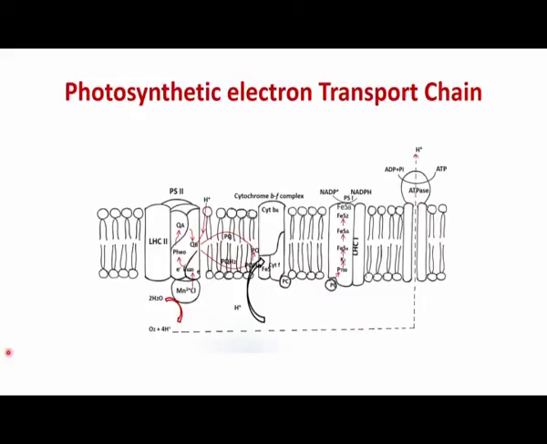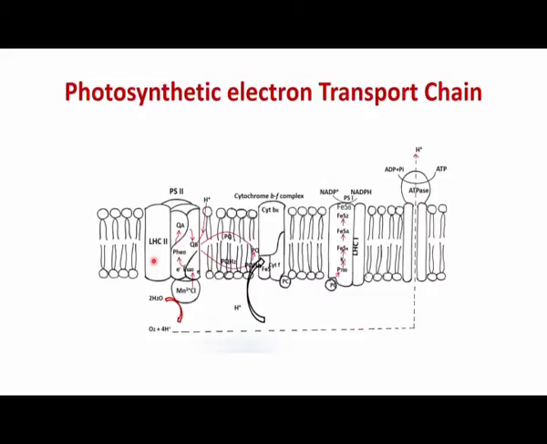So, as we discussed, this photosynthetic electron transport chain is started when a water molecule is being split into oxygen as well as protons with the help of the oxygen evolving complex present on the light harvesting complex 2.